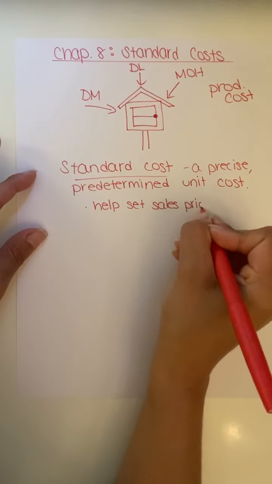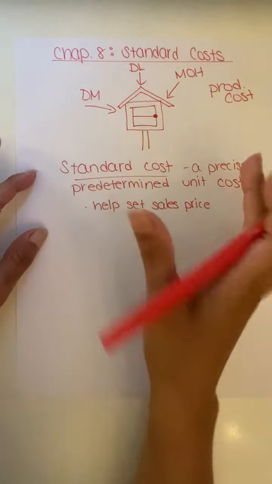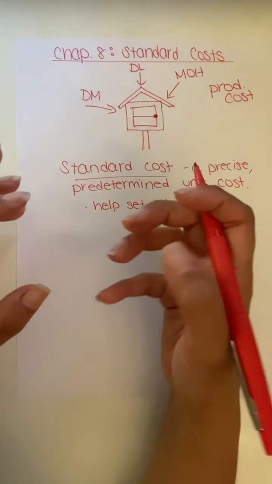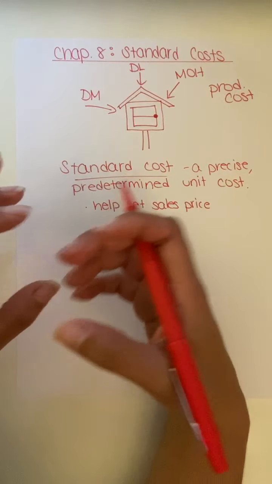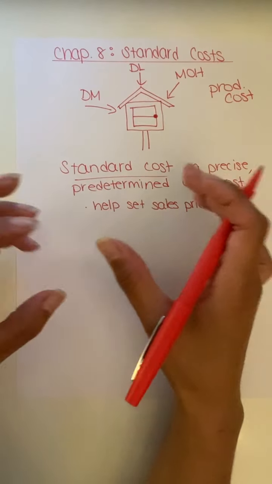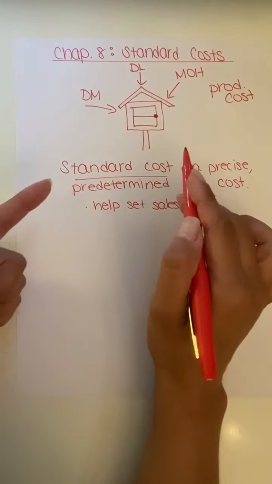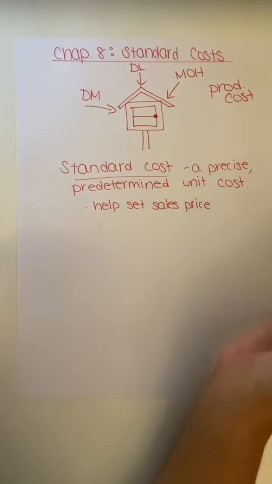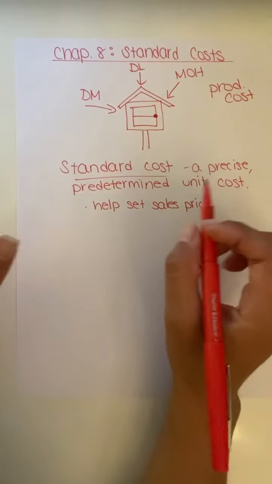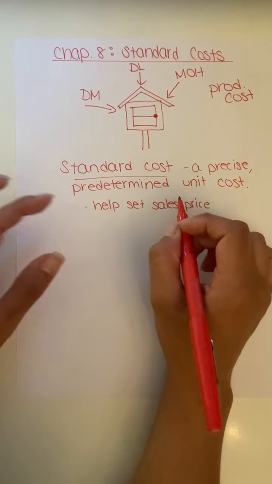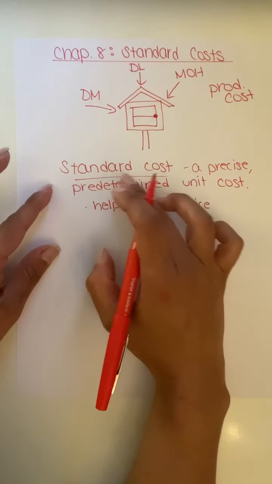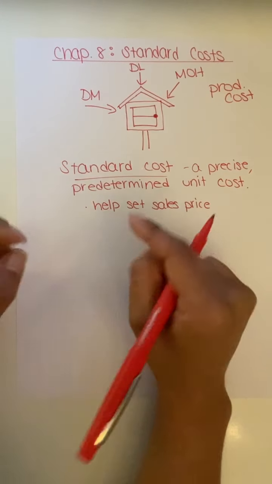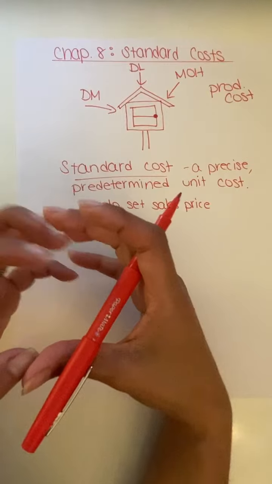If I wanted to start selling this product, I really better have a solid handle on my product cost. And I know that period cost also needs to be covered, but if you can't get a handle on the majority of your cost, which is the product cost, then you're going to have a lot of trouble later on. So that's why companies spend so much time and effort really making sure that they have carefully calculated the standard cost, the cost to make one of their products. Okay, because that's their largest cost of their overall cost.